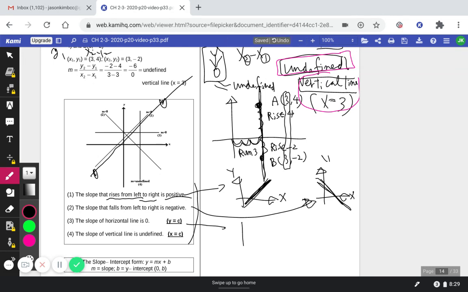Slope is horizontal means y equals something. And slope is vertical means x equals something. So in this case, slope m equals 0 and m equals undefined.